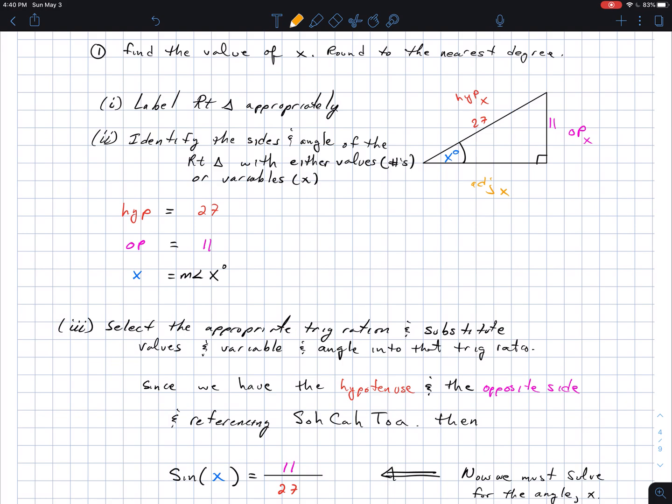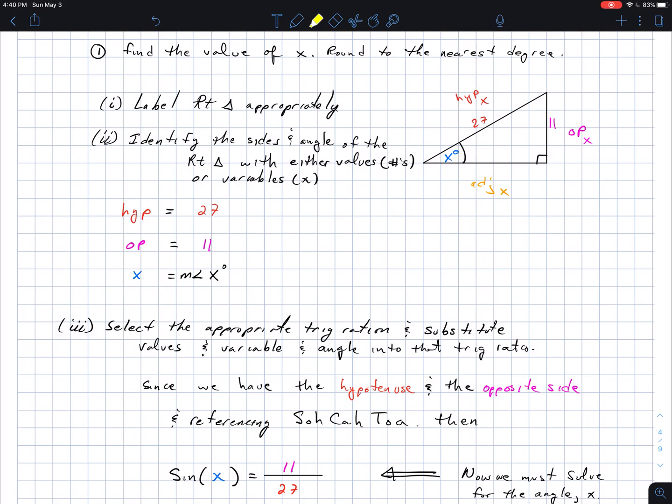Okay? So when we look at the first example, we'll walk through it slowly. We're going to find the value of x, and then round it to the nearest degree. I've already taken the liberty of giving you the problem that I'm highlighting now. You'll note that I've already labeled the sides appropriately according to x.